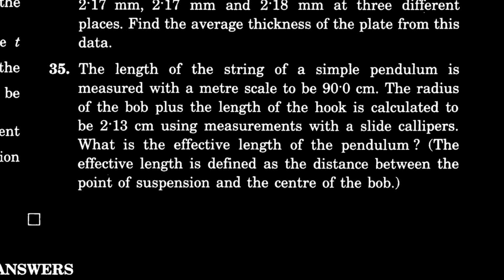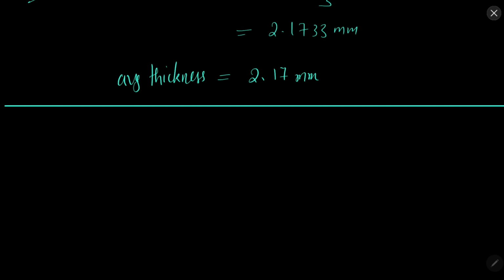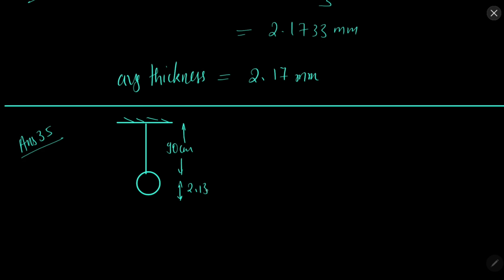In question 35 we have the length of the string of a simple pendulum given, and the radius is also given. We need to find the effective length of the pendulum. So let's say the situation is this: this is 90 centimeters and this is 2.13 centimeter.